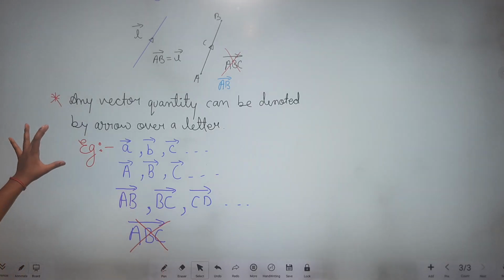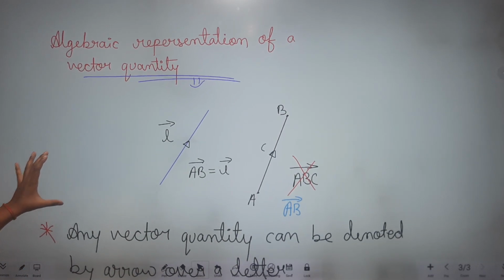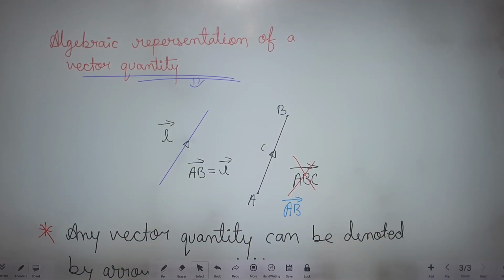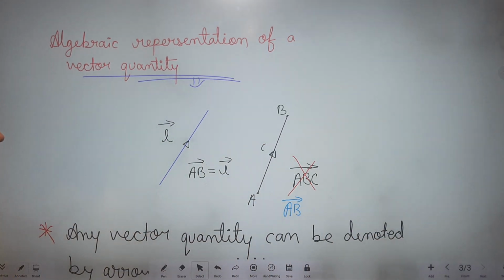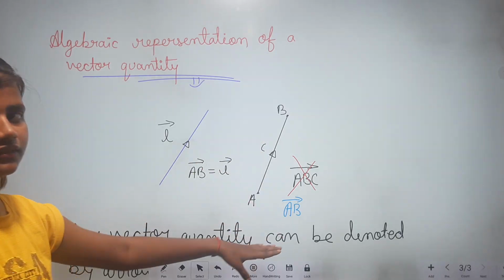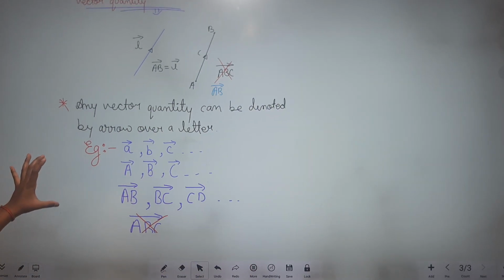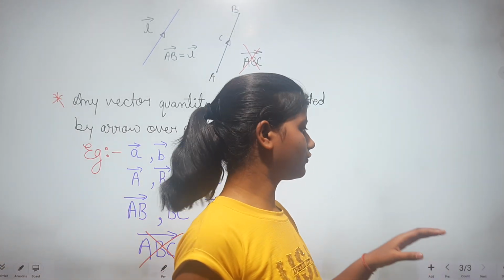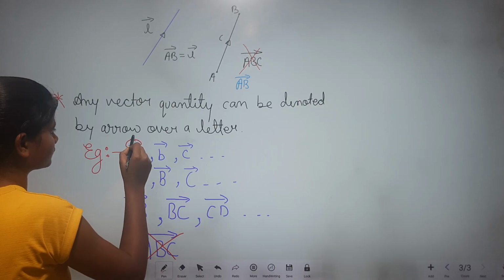Because a line is denoted by only two letters, okay. We cannot say that ABC is a line, okay. We can only say that AB is a line, okay. So any vector quantity can be denoted by an arrow over a letter. This is our arrow, okay.